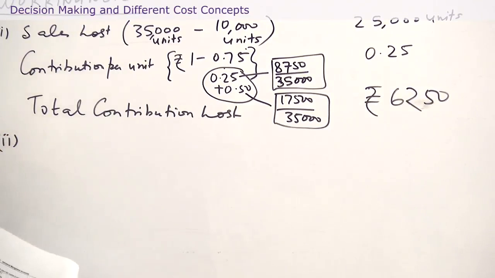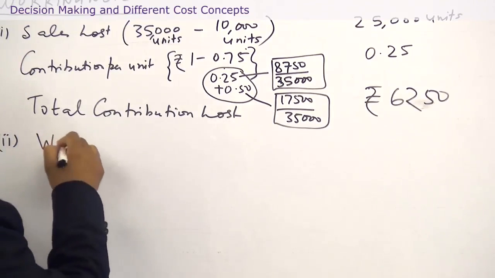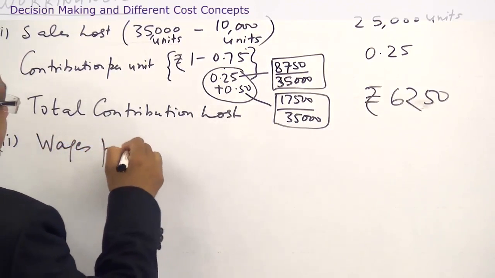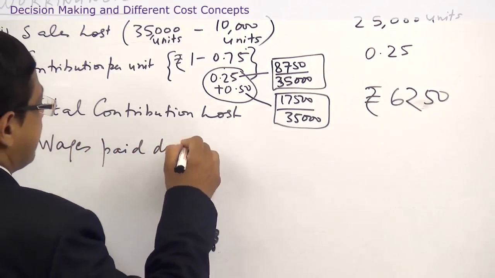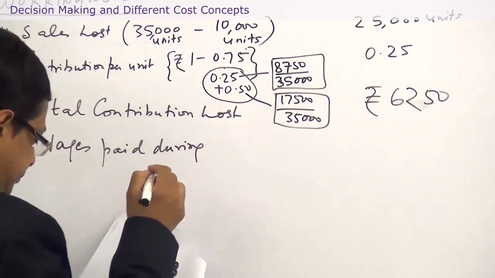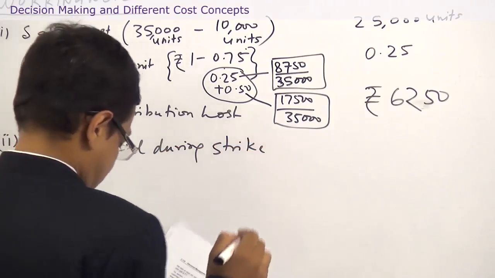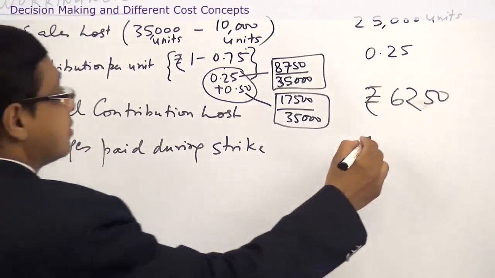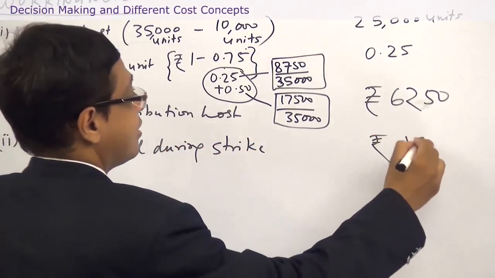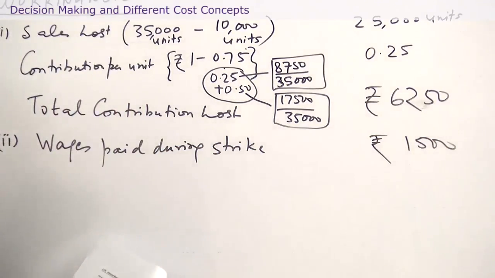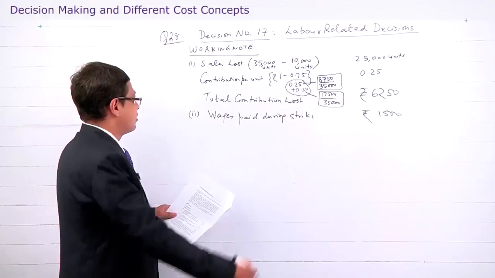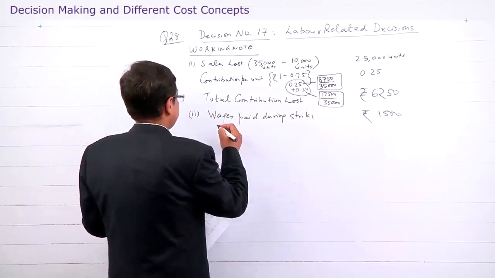The second part says wages paid during strike. This is rupees 1500 because this much you have paid to supervisory staff and workers in union.